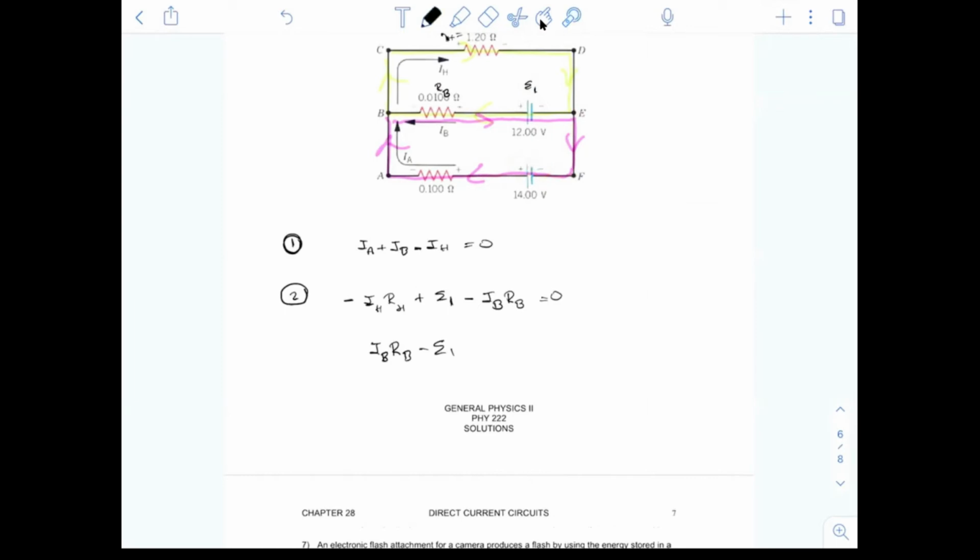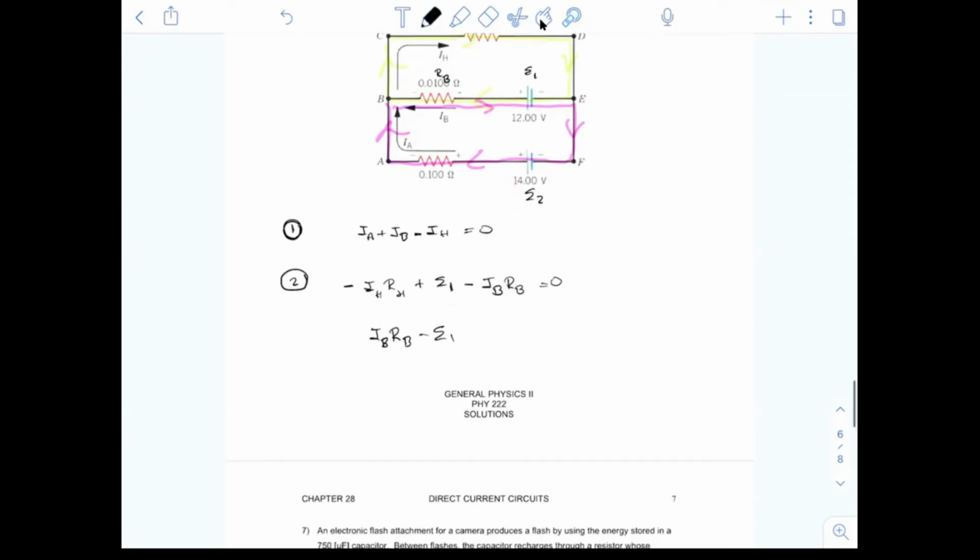I want to name this epsilon 2. So across epsilon 2, there's going to be a voltage gain. The loop is moving in this direction, and the current is moving in the same direction, so there's going to be a voltage drop right there.